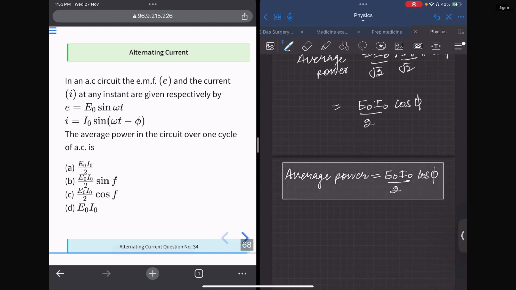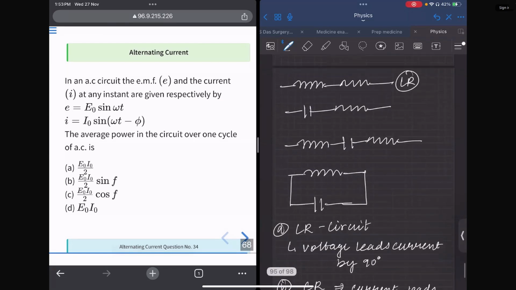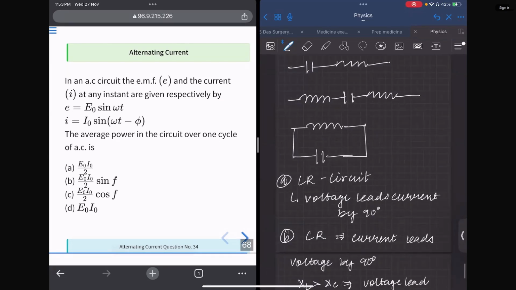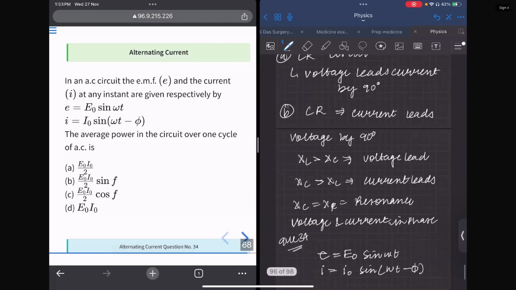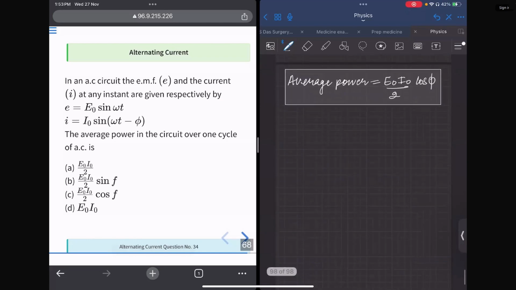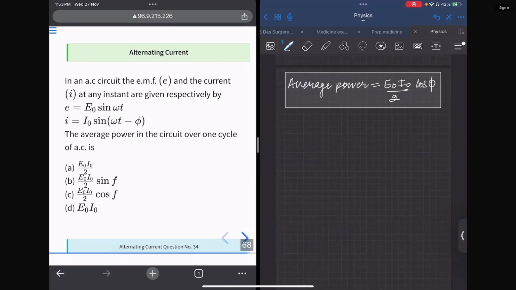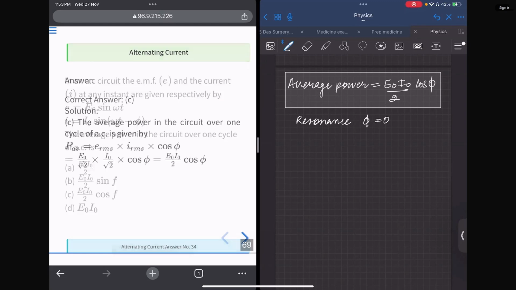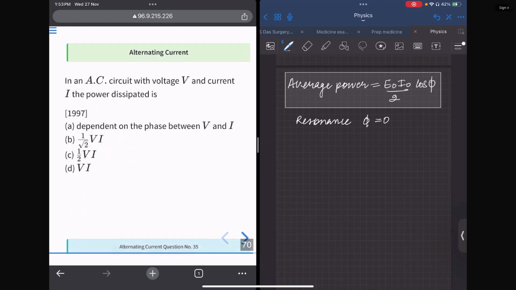They'll give the values of E naught, I naught, and the phase difference phi. In some cases it is given, in other cases I've told you the formulas and situations. If we consider the case of resonance, phi is 0.